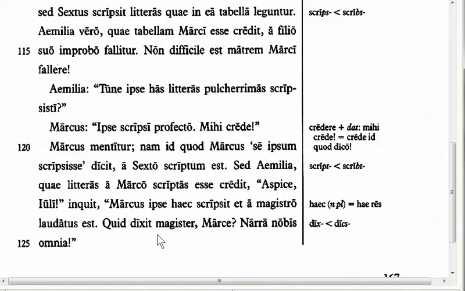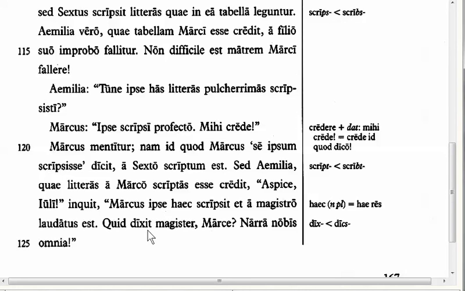So the last feature I want to point out is how you form the perfect participles from each one of those conjugations. And that's a little simpler because you just take the present stem and you tend to add the letter T in front of the endings, us, a, um.